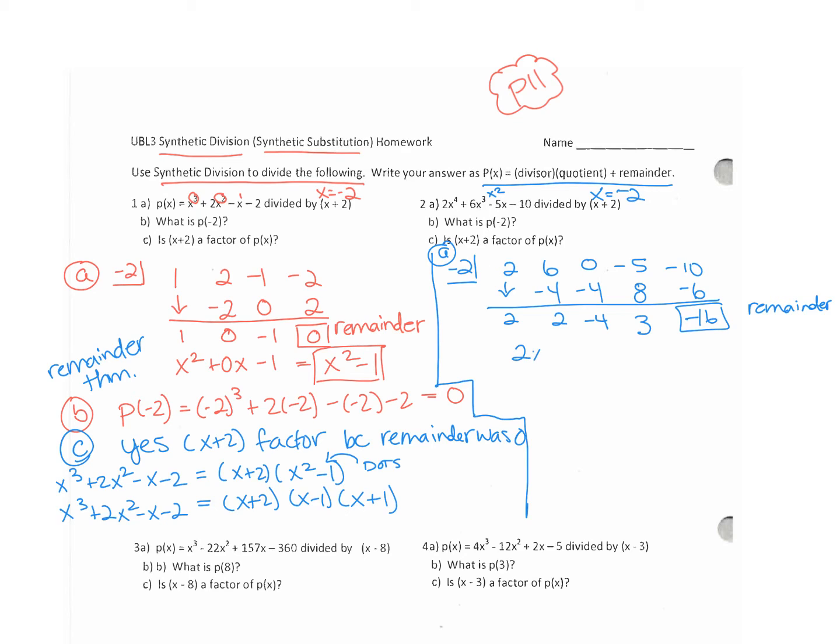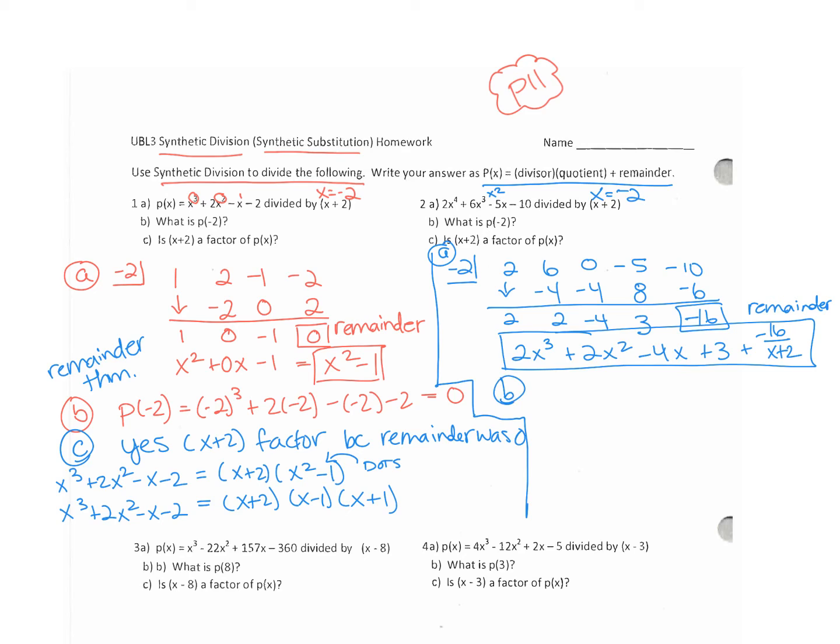So it's going to be 2x cubed plus 2x squared minus 4x plus 3 with a remainder of negative 16. So I'm going to write this as plus negative 16 over my divisor of x plus 2. So then this is my answer after I do my division.